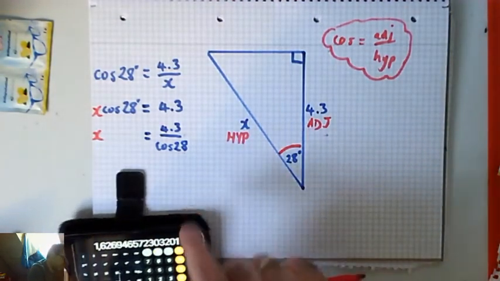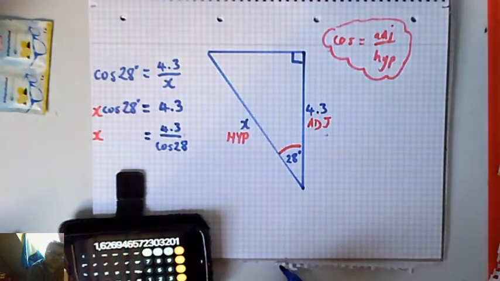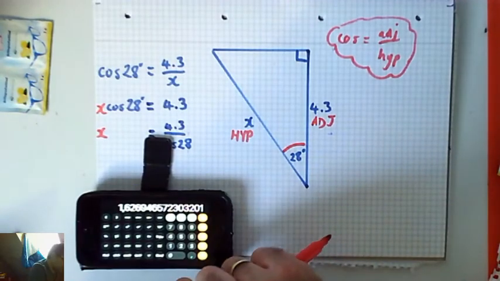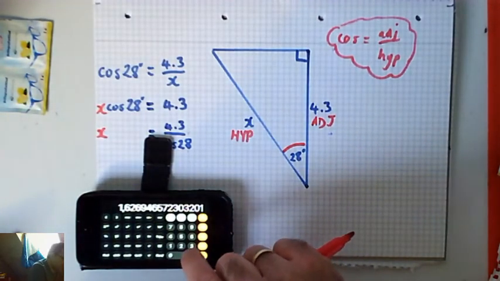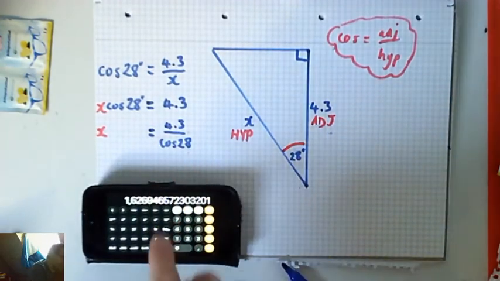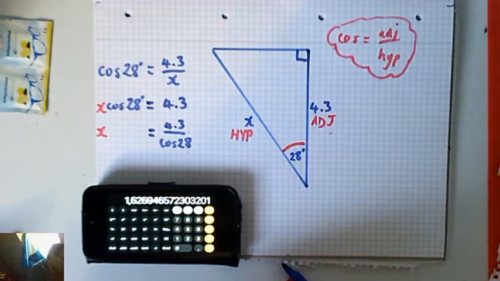Anyway, I've got to do 4.3 divided by cos 28. On my not very good calculator, I'm going to have to use the brackets. On a better calculator, you're able to just type that in as a fraction, the way that it appears there.